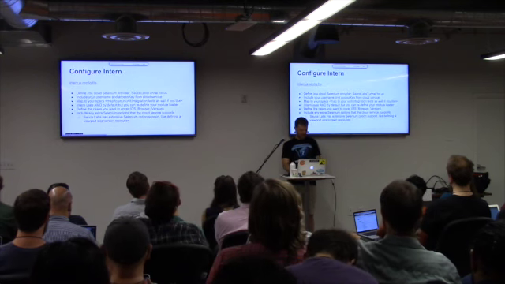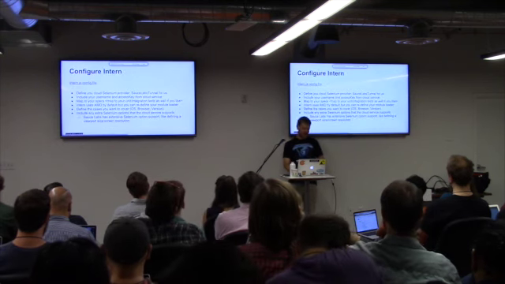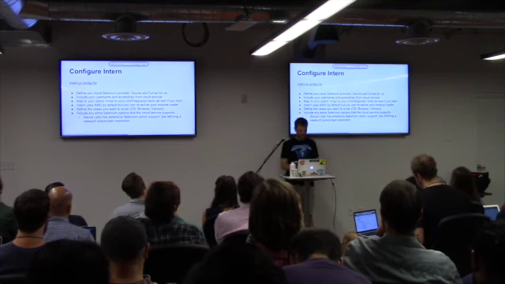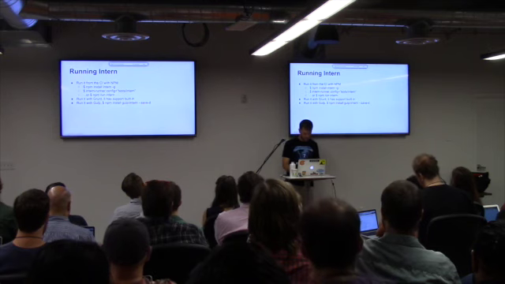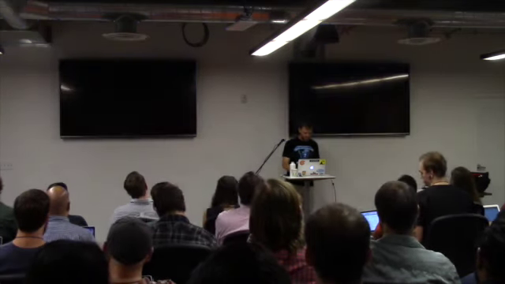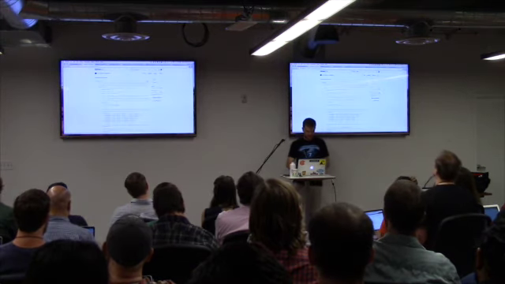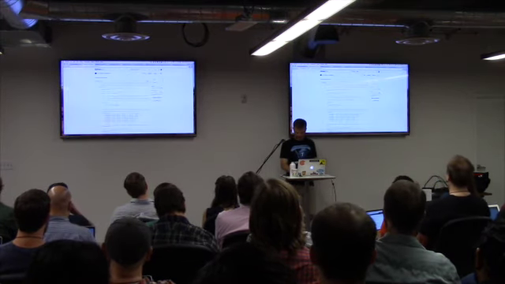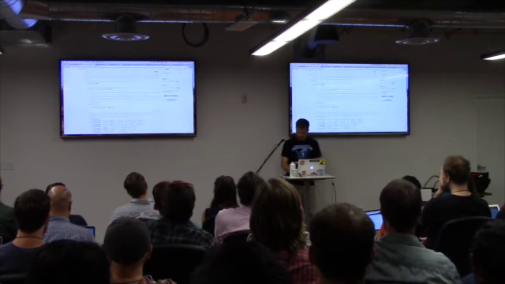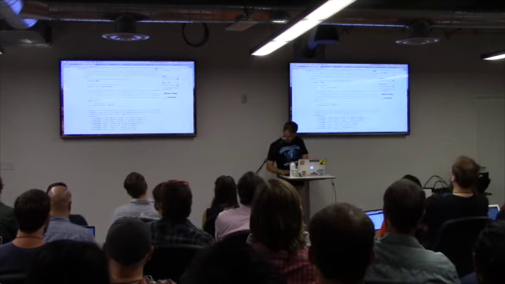So the Intern config file, this is kind of the guts of Intern. So let me pull up that file. I've got it as a gist here, and I'll share the link with you guys.